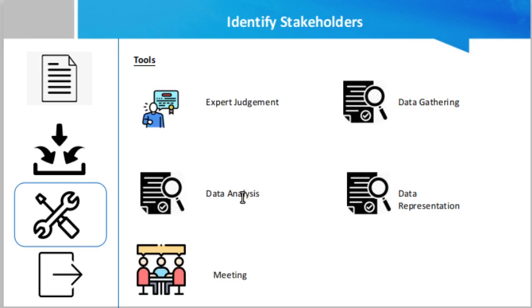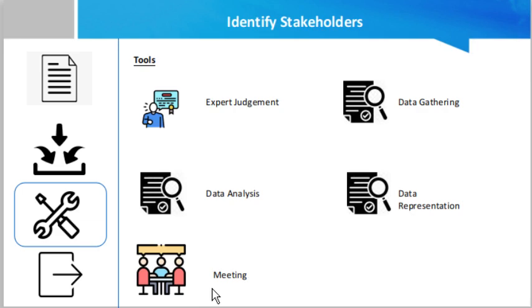That is called data analysis. Then data representation. Data representation means that you can use Excel sheets, Microsoft Word documents, PowerPoint presentations to represent the data you have gathered from your analysis. So you basically make some Excel sheets to represent your data.